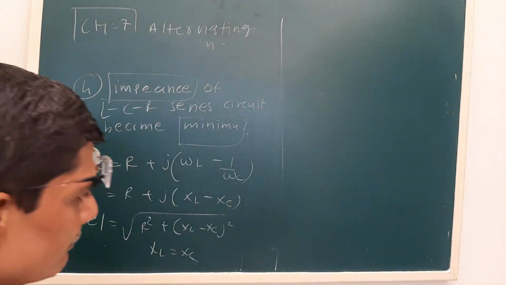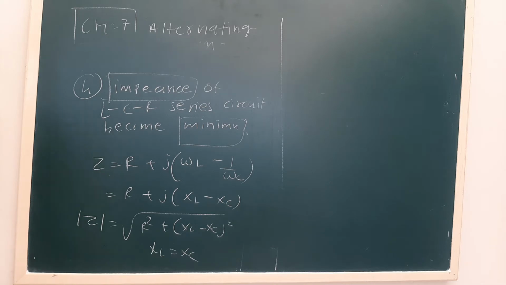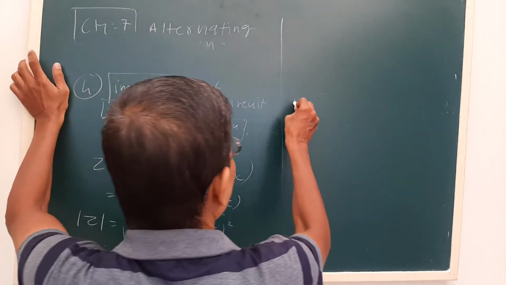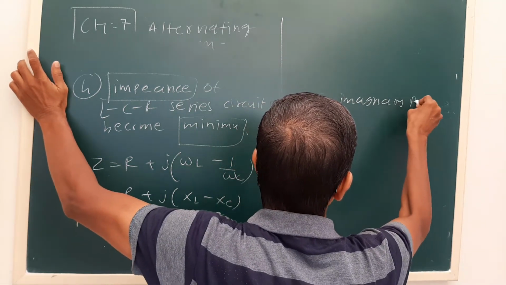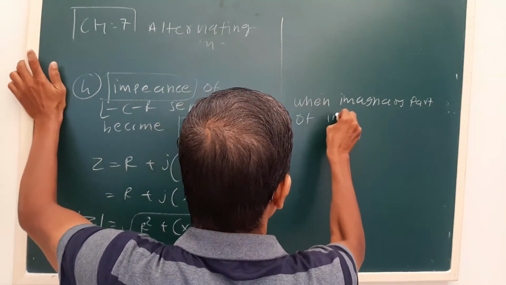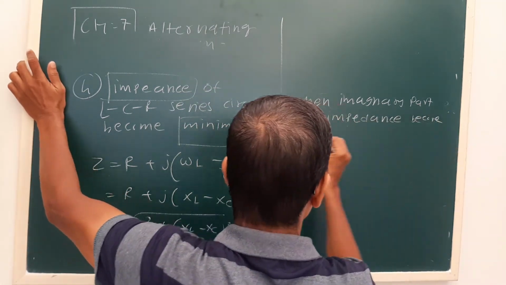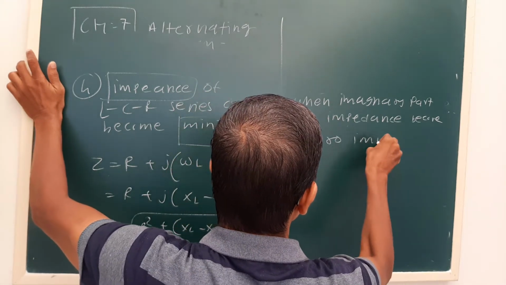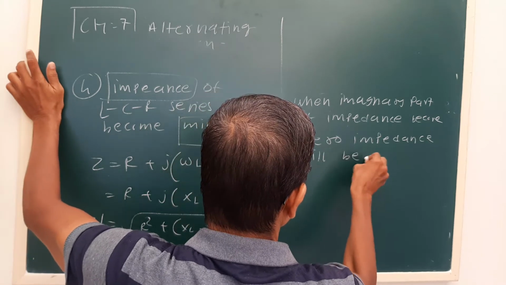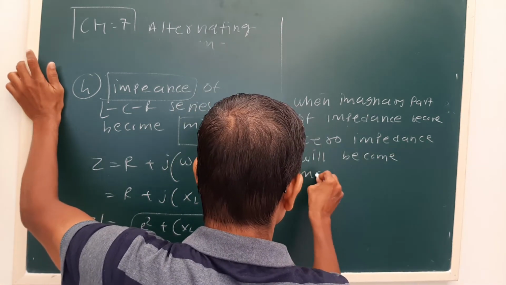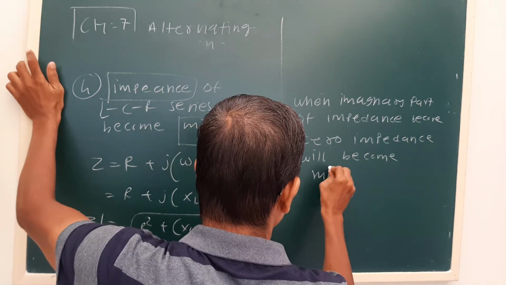So for our question, when does the impedance become minimum, we can write like this: when the imaginary part of the impedance becomes 0, the impedance will become minimum.